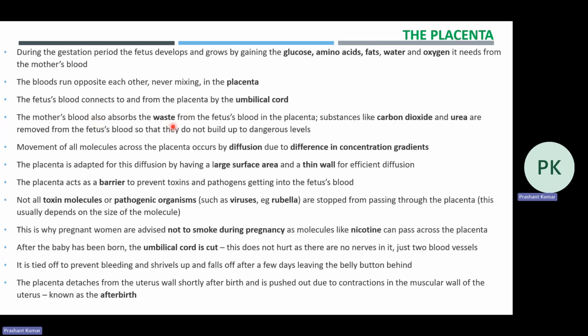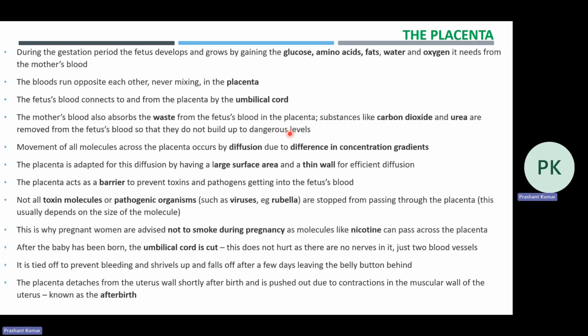The mother's blood also absorbs waste from the fetal blood in the placenta, like urea and carbon dioxide, because these are poisonous substances. Movement of all these molecules across the placenta is by diffusion. The placenta provides a large surface area for efficient diffusion.